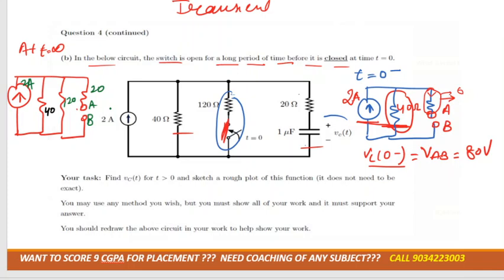Yeah, the 20 ohm resistor will not work because it's a 0. We can combine 40 and 120 into a single resistance, and what would be the voltage?